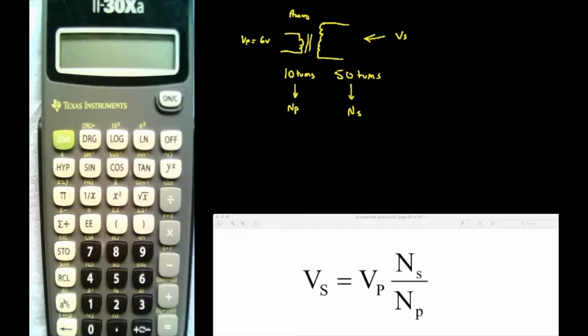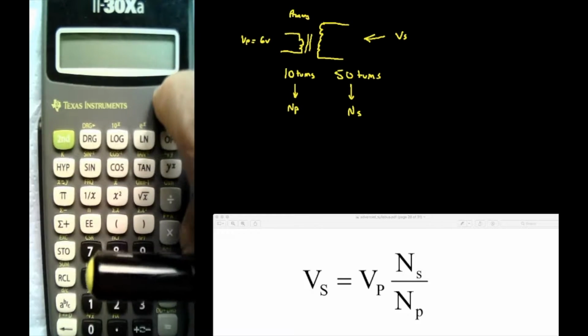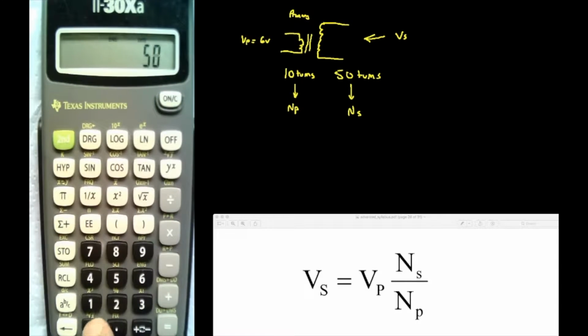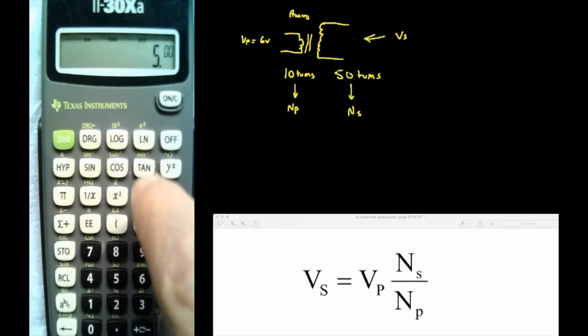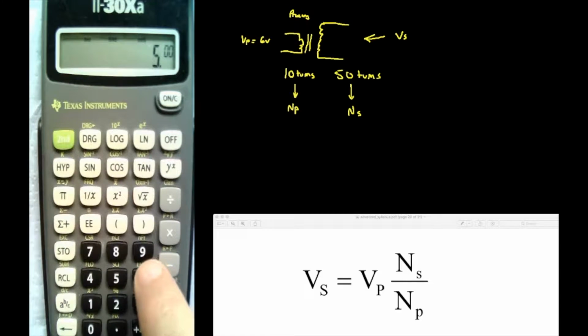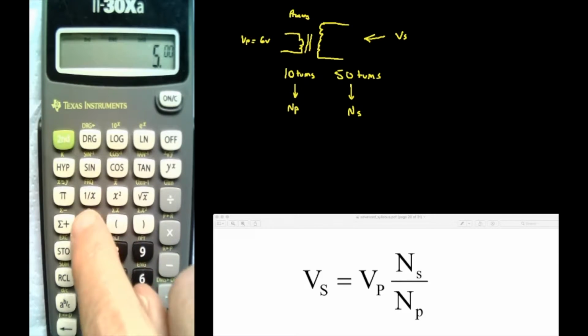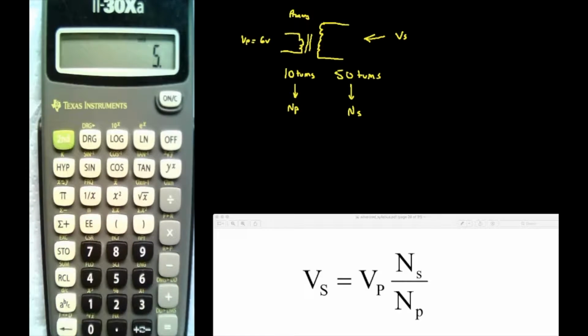So the first thing to do is work out the division part. If you look at that, that's the simplest part. So we simply say 50 divided by 10 equals, that's our turns ratio. I'm going to get out of engineering because I'm not really using engineering units here, so I'm going to go into float.